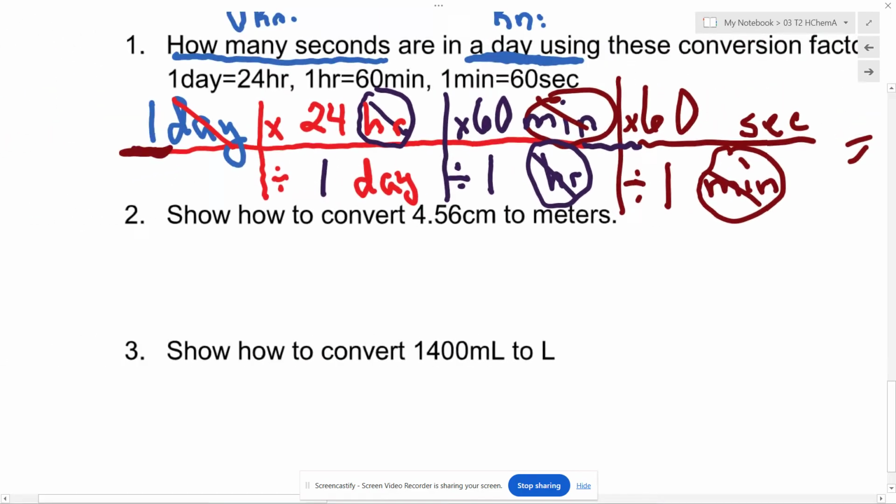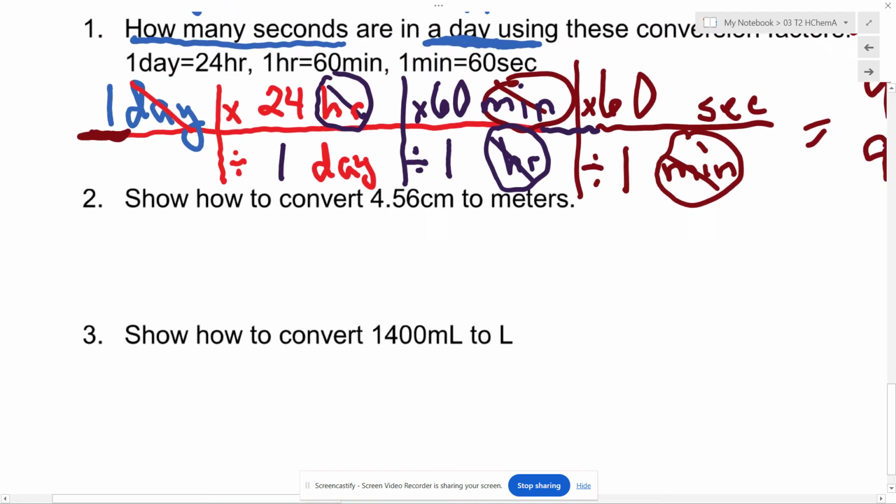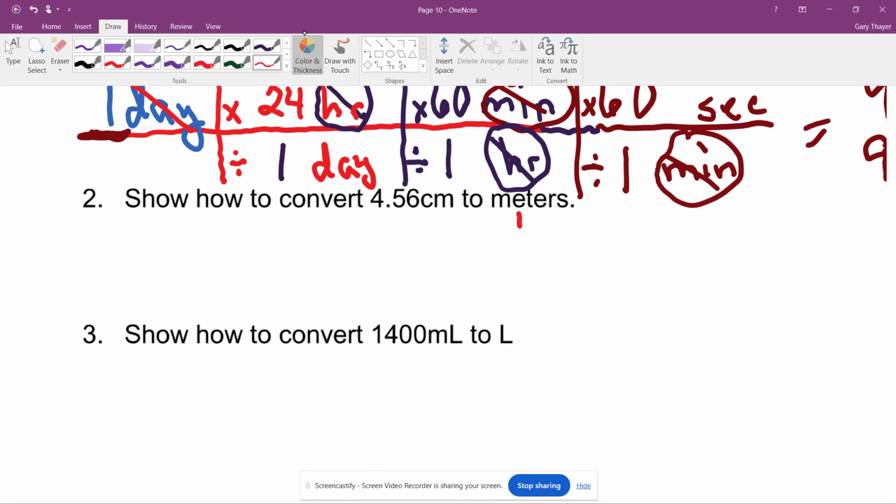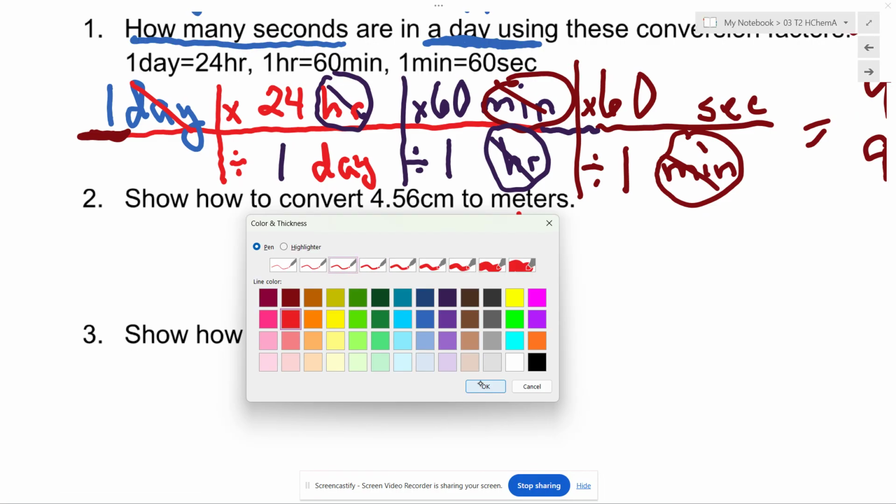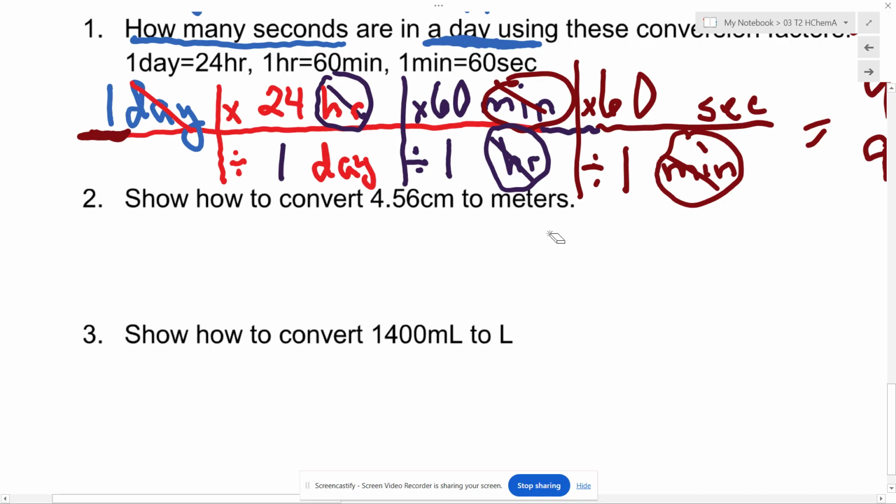Show how to convert 4.56 centimeters to meters. So this is the thing. I'm going to get just a little bit smaller pen so I can control this better. So this is the thing we know. And this, no, wait, that's the thing we're looking for.